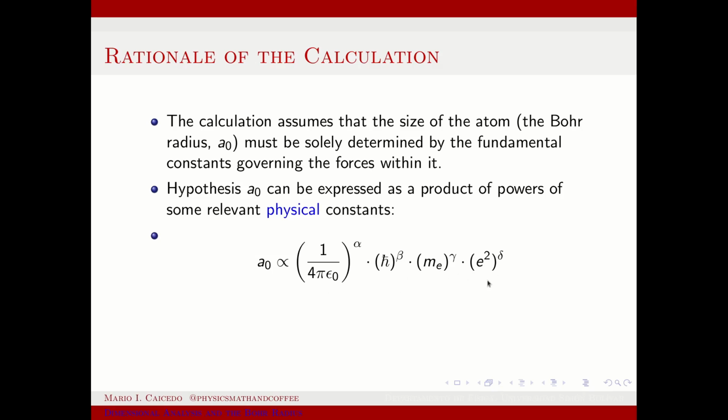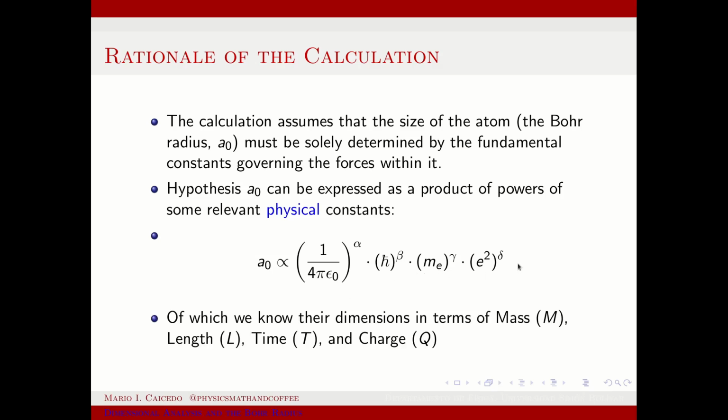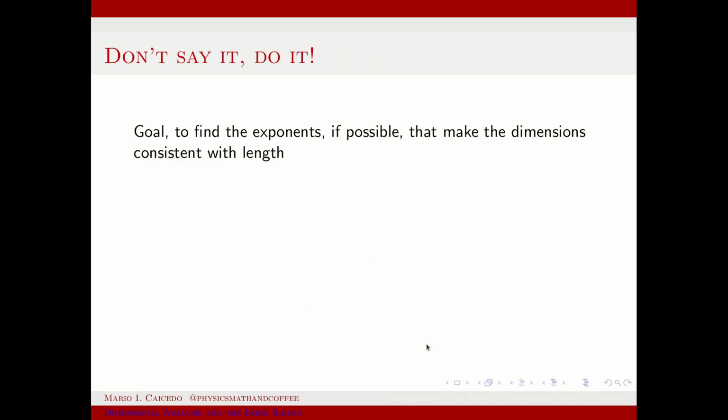We substitute, of course, the units of all these. Remember that the way in which we write the dimension is big M for mass, Q for charge, and so on. So this is what we have just written.